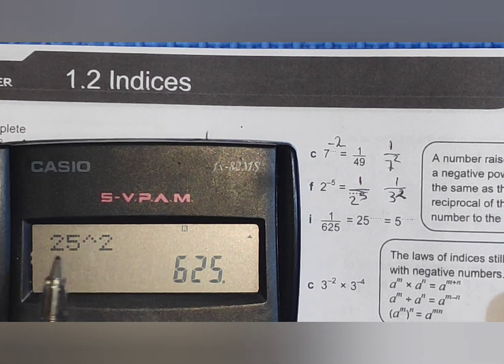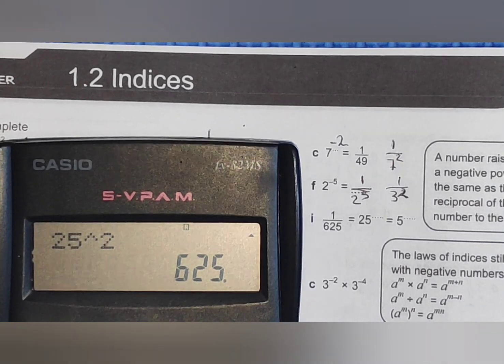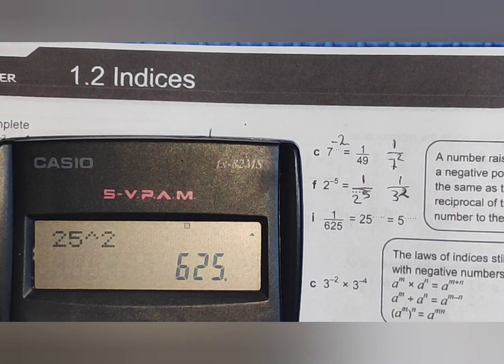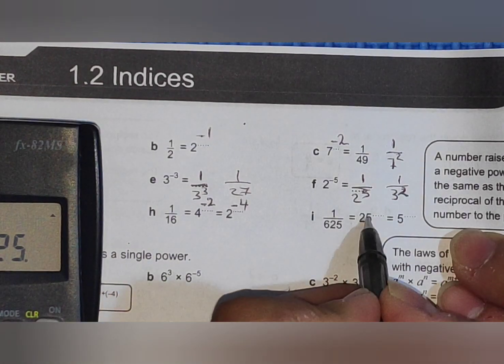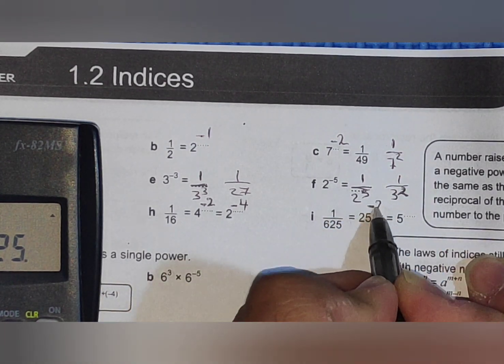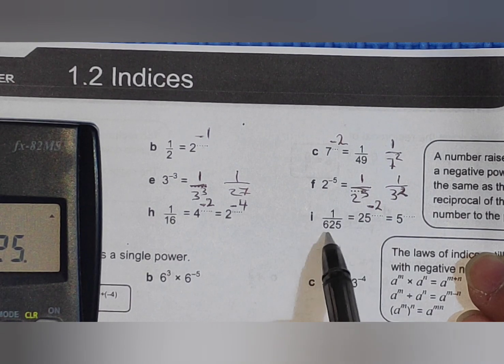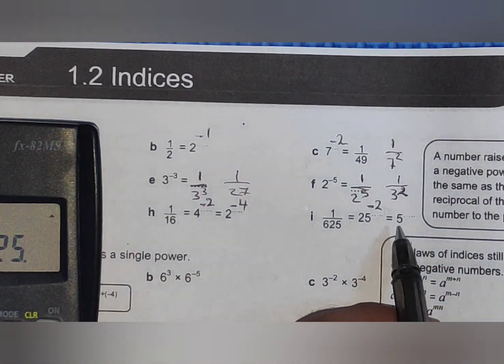So I figured out that 25 power of 2, and as I said, you have to try it out. Try power of 2 and then power of 3 until you get the number. So 25 power of 2 means this one is power of 2, and the 1 over means a negative power. So here, negative 2.